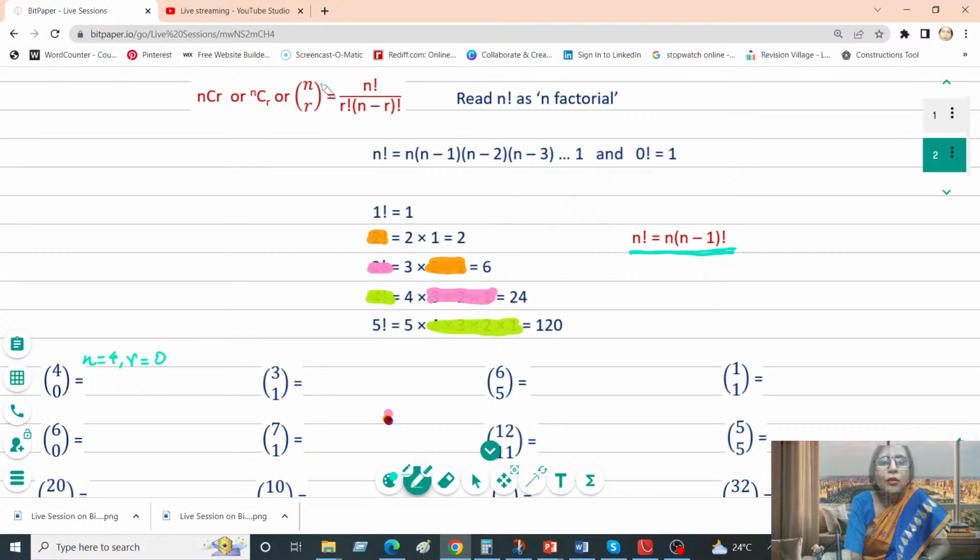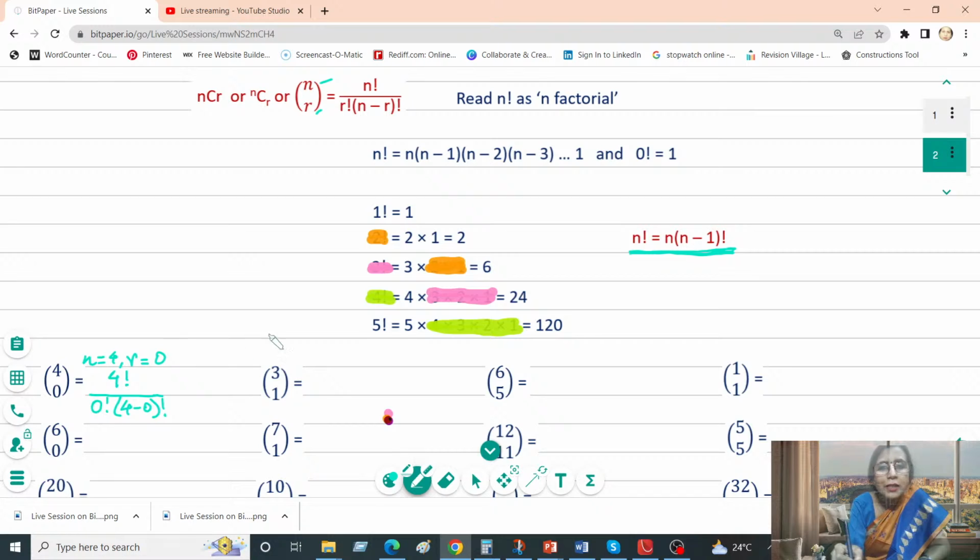So n equal to 4 over here, r equal to 0. We will be just substituting. The numerator is n factorial, so we will be writing 4 factorial over r factorial, r is 0, 0 factorial, times n minus r, that is 4 minus 0, 4 minus 0 factorial.